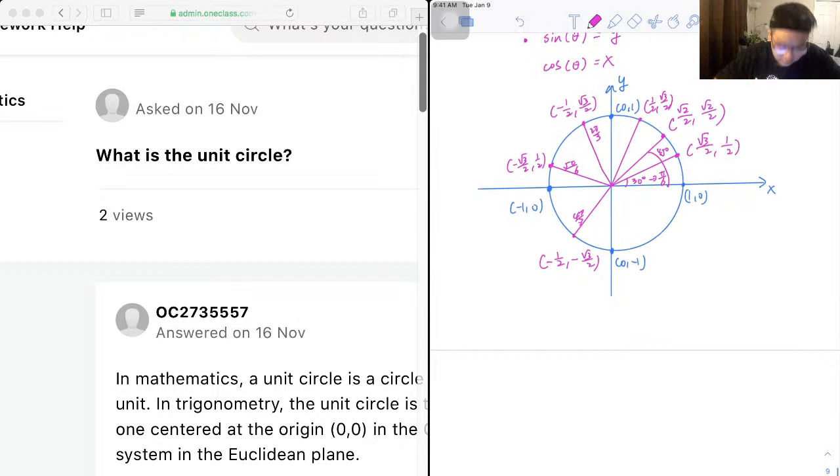Yep, and here, let's say we got an angle at 7 pi over 4. The coordinate should be root 2 over 2, negative root 2 over 2. Yeah, because we're at the fourth quadrant, so the x-coordinate should be positive and the y-coordinate should be negative. Yep.